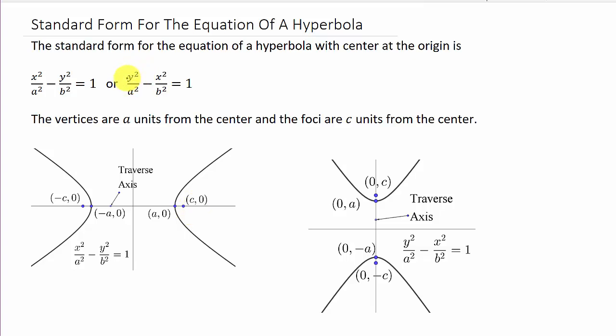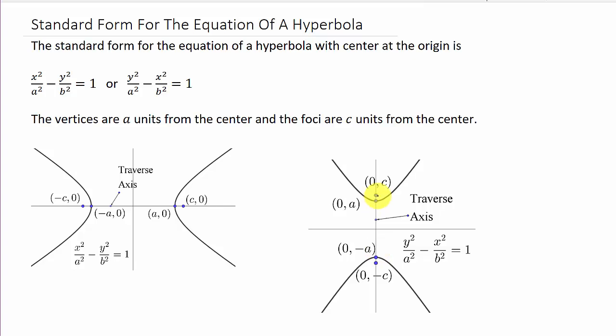And if the y term is first and then you've got the x term, that hyperbola is going to open up and down. It's kind of easy to remember. Just think, if x is first, it's going along the x-axis. If the y term is first, it's going along the y-axis.